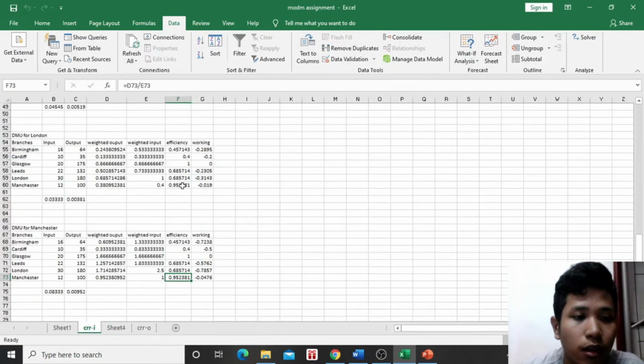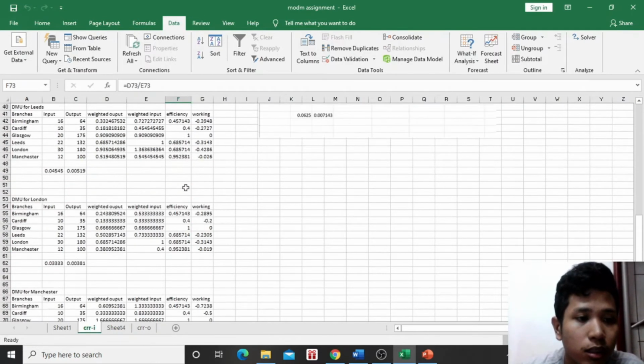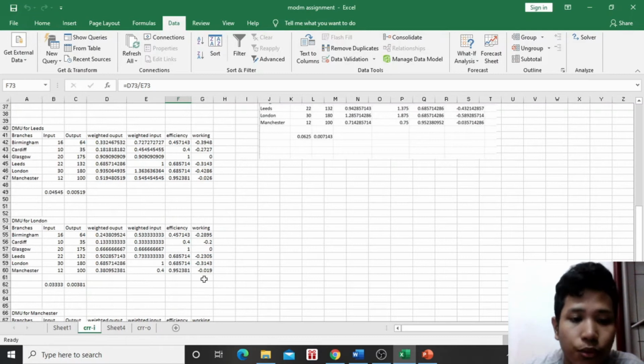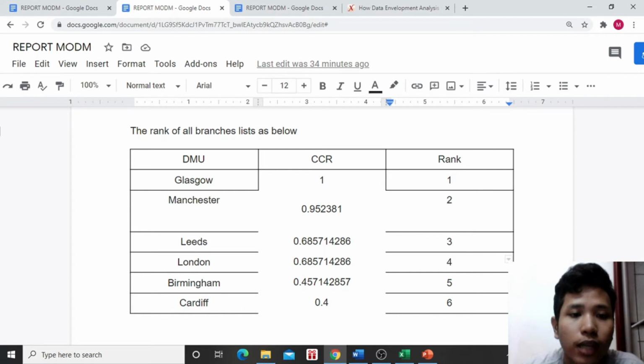Okay, so these are all the Excel solver results that I have done for all the other DMUs. We got different values for the input and output. This is the summarization of the CCR of all the bank branches. We have ranked them from 1 to 6.